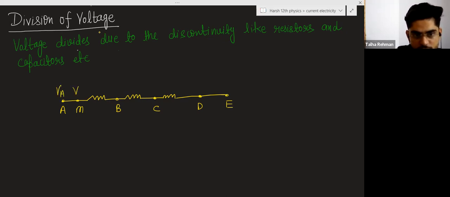Again here also the voltage is VA, because there is no hindrance in the path. Now when you will cross this, there will be some voltage drop across this resistor. So here will be the voltage VB. Here when you will cross again this, here the potential, not the voltage, this is the potential at point A.